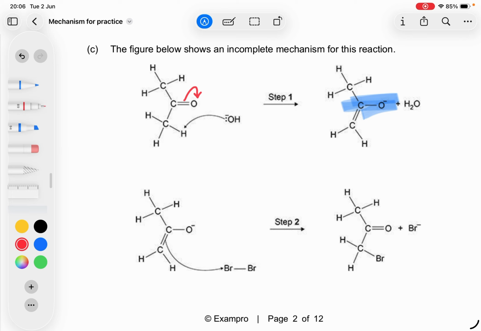Here, that's acting as a base, and you've seen that in the elimination reaction. So can you see here elimination is also happening? So the base is there. And how does a double bond form here? Well, the C-H bond goes back in like that. So this part here is the elimination part.